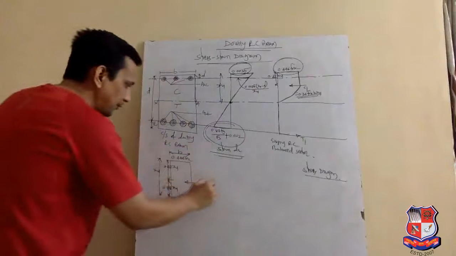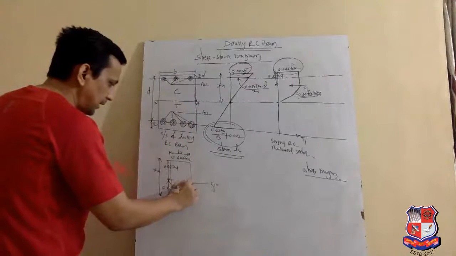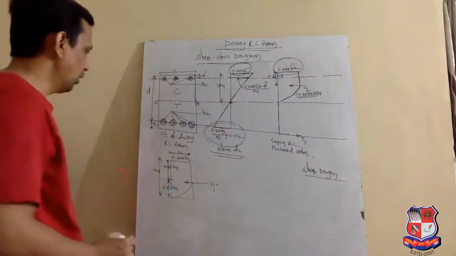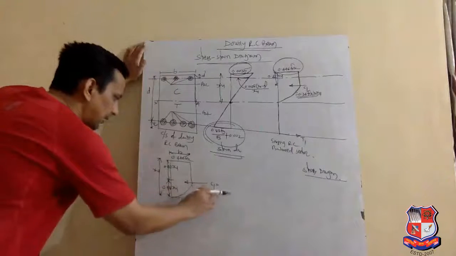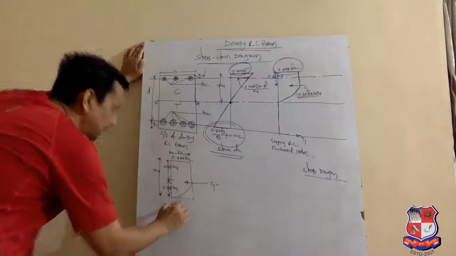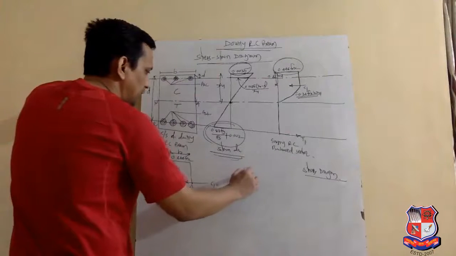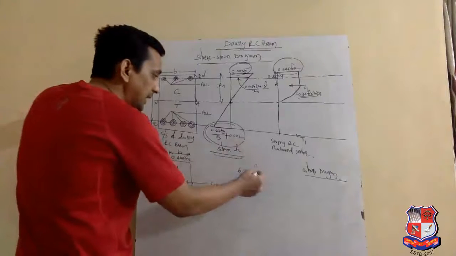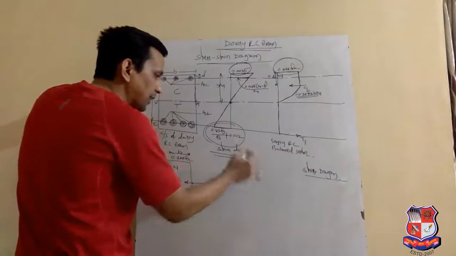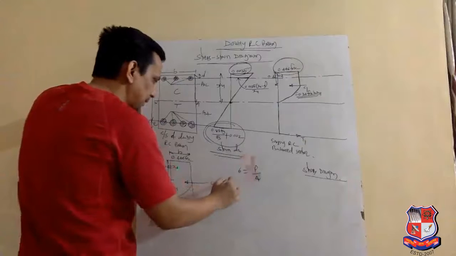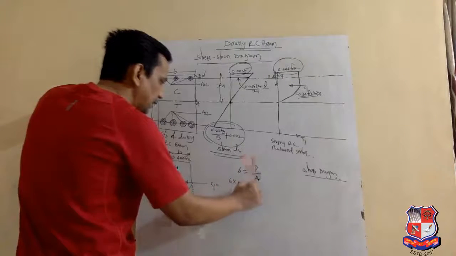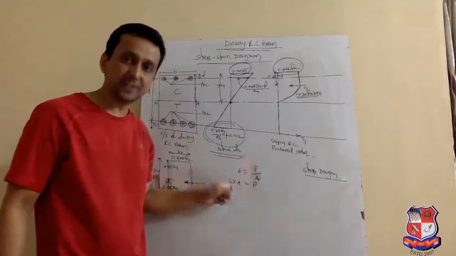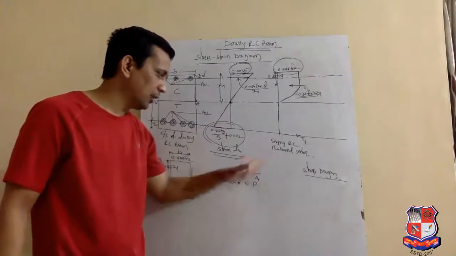To find the value of C1, let us consider this as a whole rectangle. We know that stress is force upon area. What we need is P, the force. Our interest is P. Sigma into A equals P. It means when we multiply area with stress, we get the value of force.